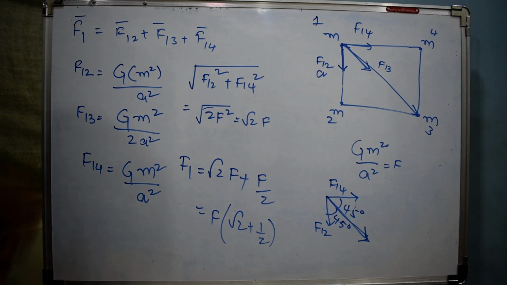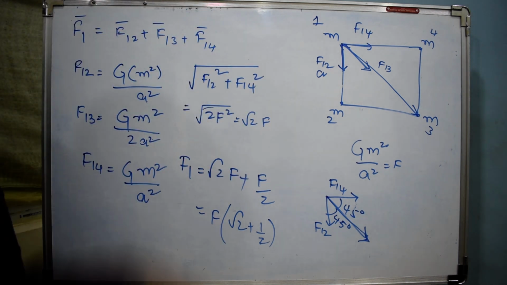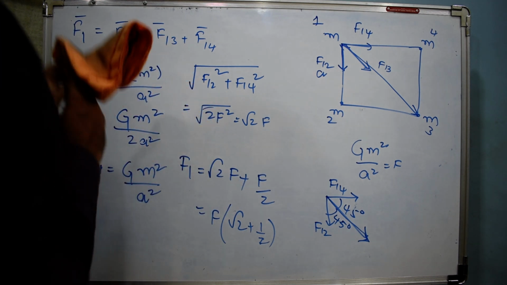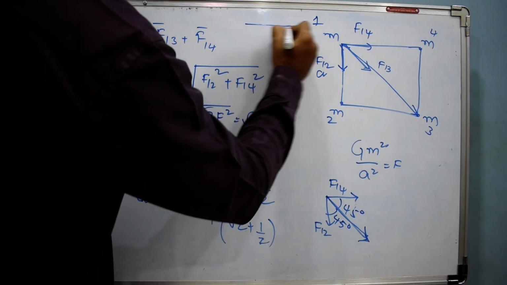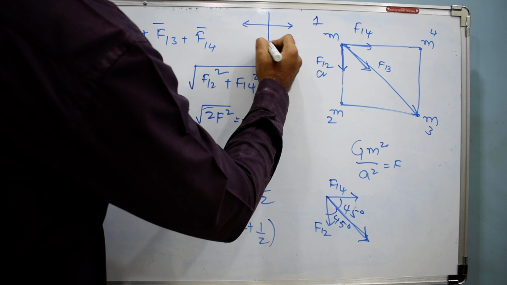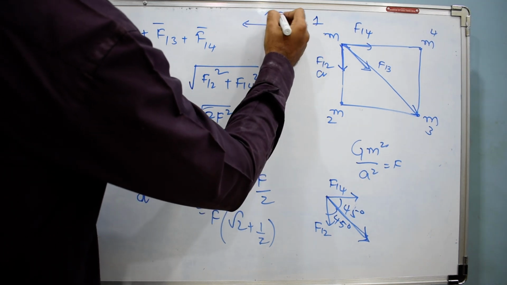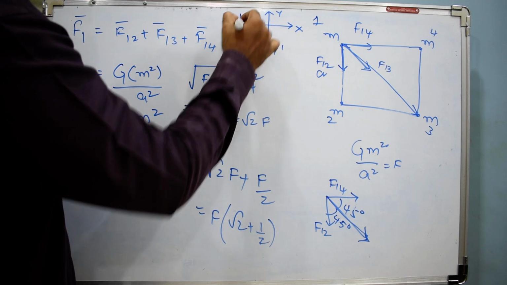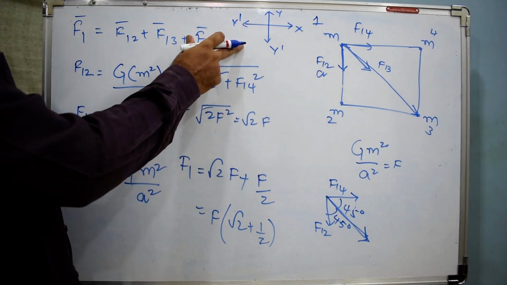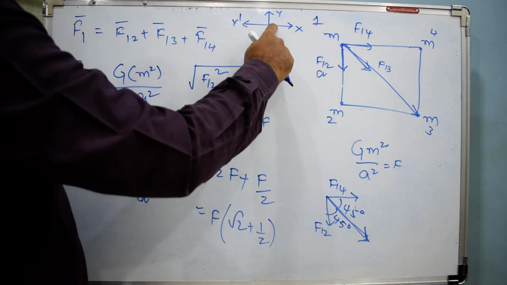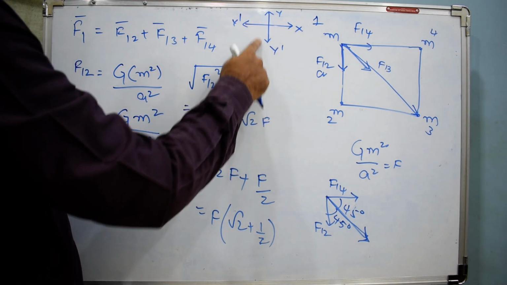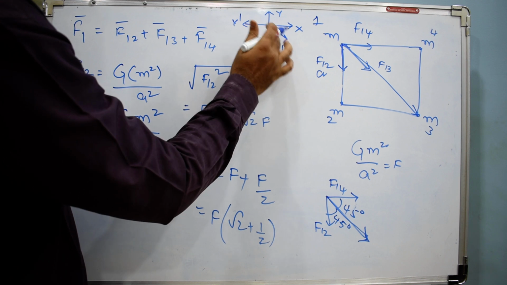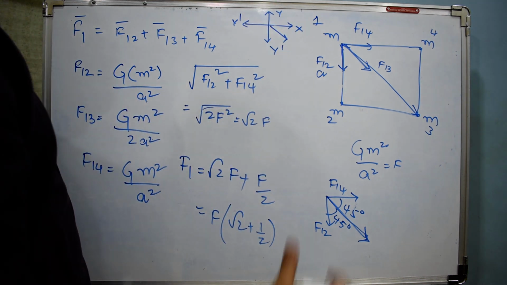The other way of doing this, I'll just give you a basic idea, is to assume an x and y coordinate system like this. You take the x coordinate, y coordinate, then negative y and negative x. In such a situation, the force F14 is along positive x, F12 along negative y, and F13 is in this direction, and you can resolve it into two components.